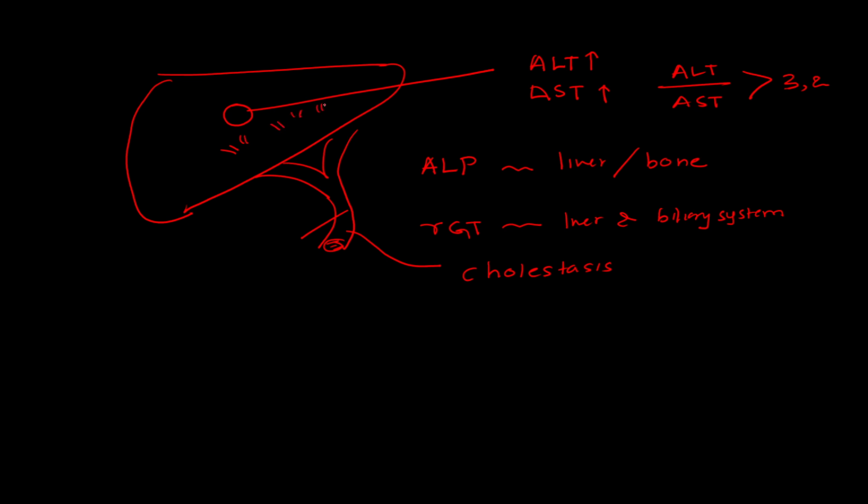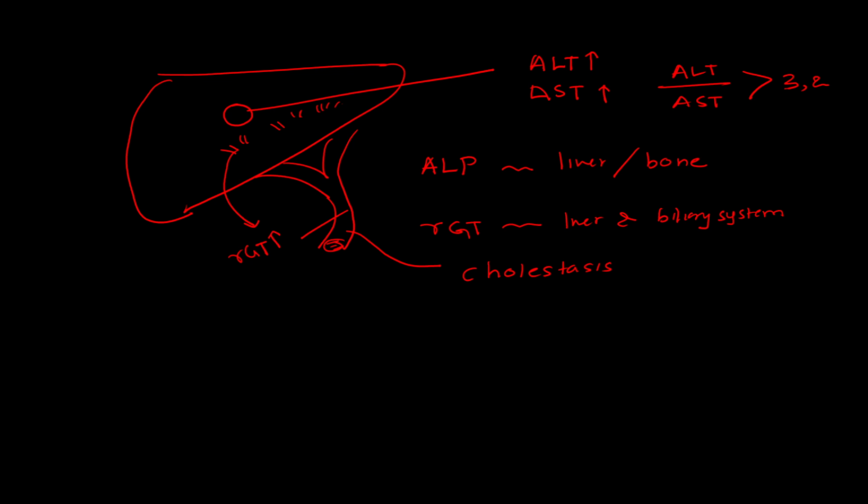The small bile canaliculi produce gamma GT. If there is a threat or an injury or an insult to either the biliary canaliculi or the biliary system, it will have increased levels of gamma GT. What you would see is elevated levels of gamma GT.